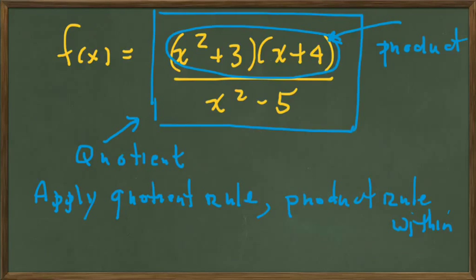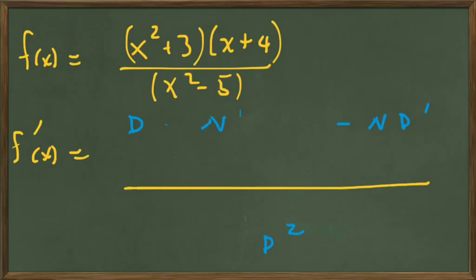So we're going to apply the quotient rule as the overarching rule and the product rule within. So I've set up to show that we are using the quotient rule, and I've left a big space for n prime because that's going to be the product rule, and then we just follow the quotient rule after that. So let's see what happens.